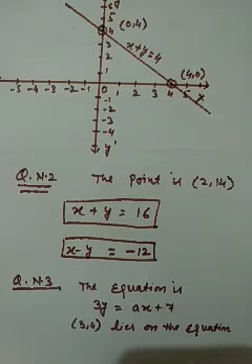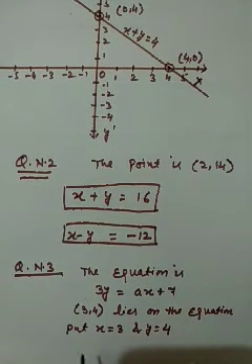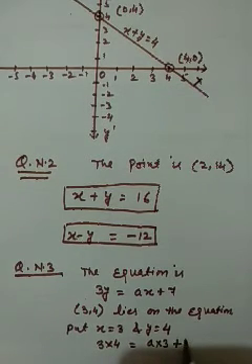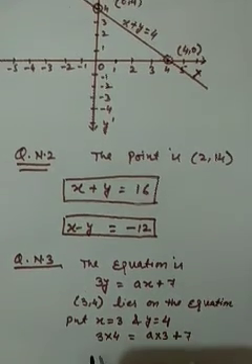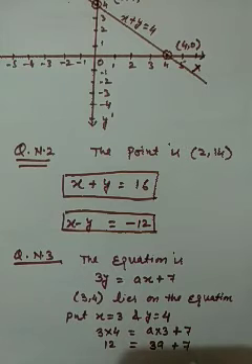So we have to put x equal to 3 and y is equal to 4. This is 3 into 4 is equal to a into 3 plus 7. So this will be 12 is equal to 3a plus 7.